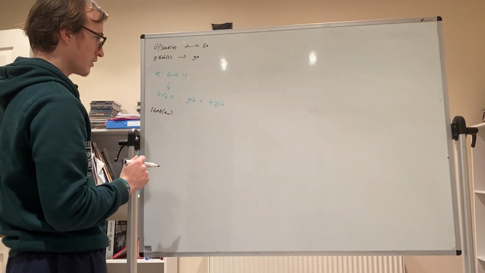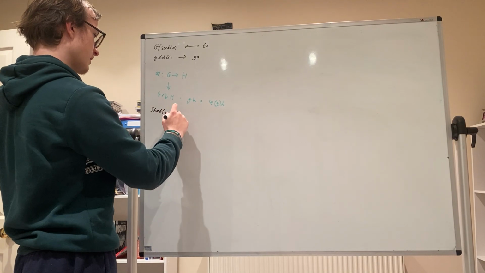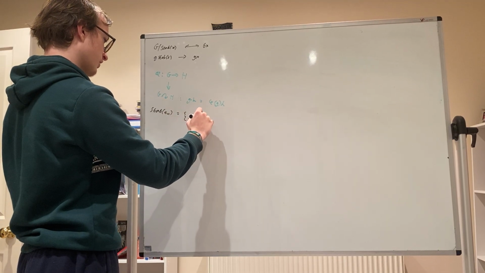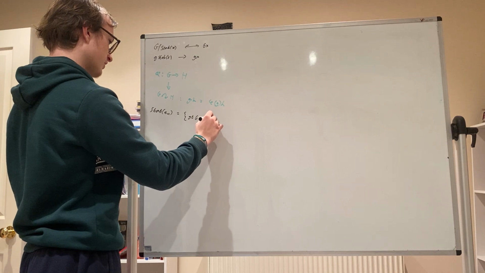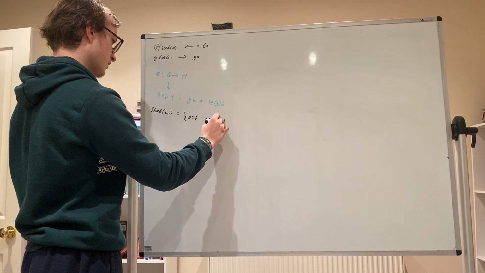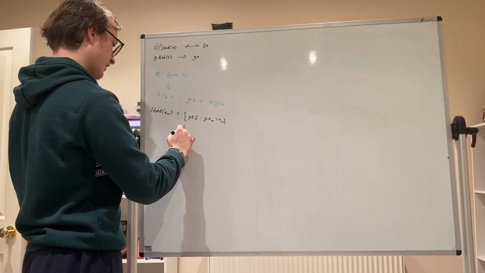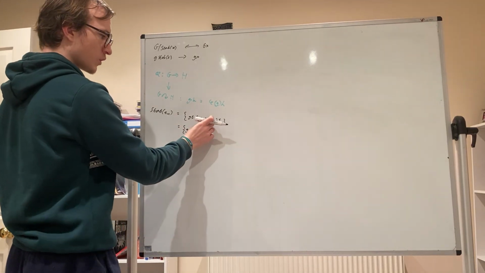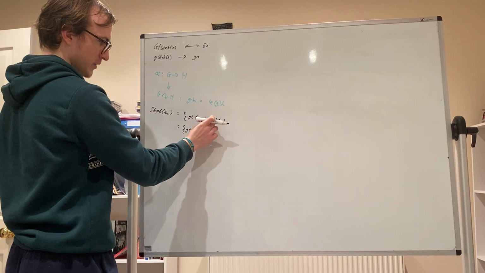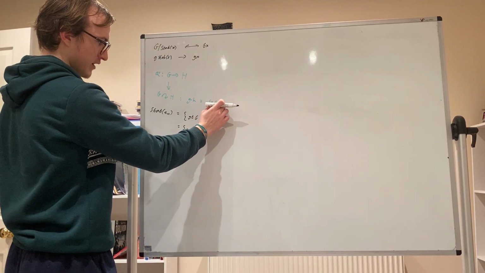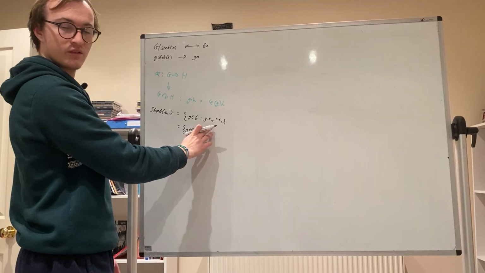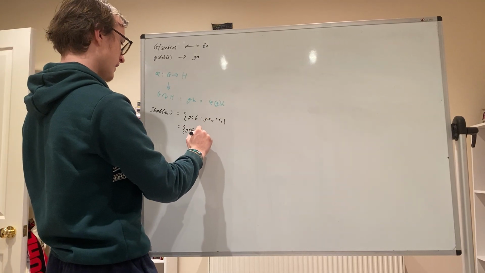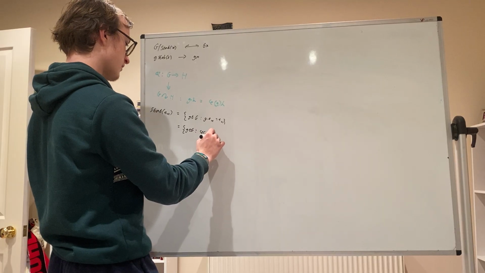Well, what is the stabilizer of the identity in H? This is equal to the set of all g in G such that g dotted with the identity of H is equal to the identity of H, which is equal to the set of all g in G such that this will just be phi of g times e, but by definition the identity is just doing nothing, so we just get phi of g equals e.